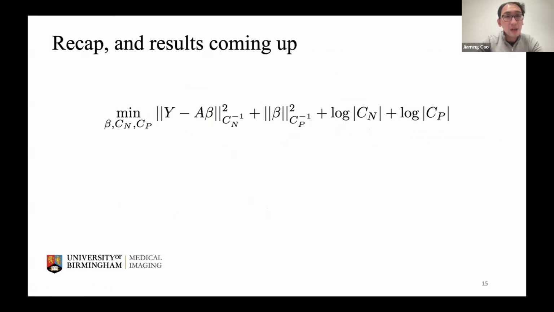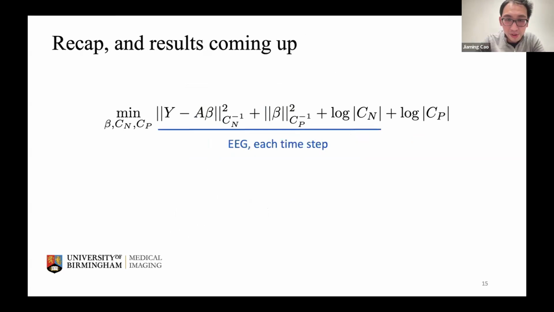Okay, I think we should move on to the results, but before doing that, let's stare at this main equation for the last time. Here Y and A are the recording and forward matrices of a problem, and in this case we use the EEG version because we're using this asymmetrical fusion, where the base of the reconstruction is still the EEG itself, and DOT is used as a spatial prior to constrain it.